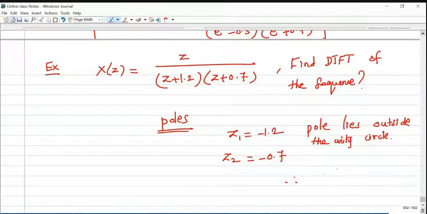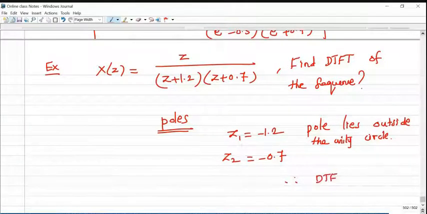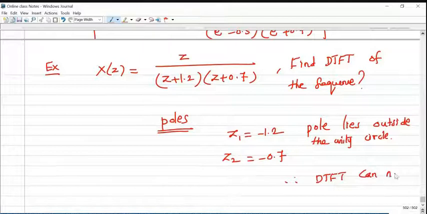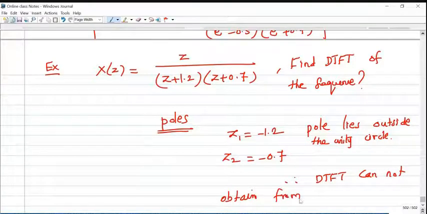Therefore, the DTFT cannot be obtained directly from the given X(z).